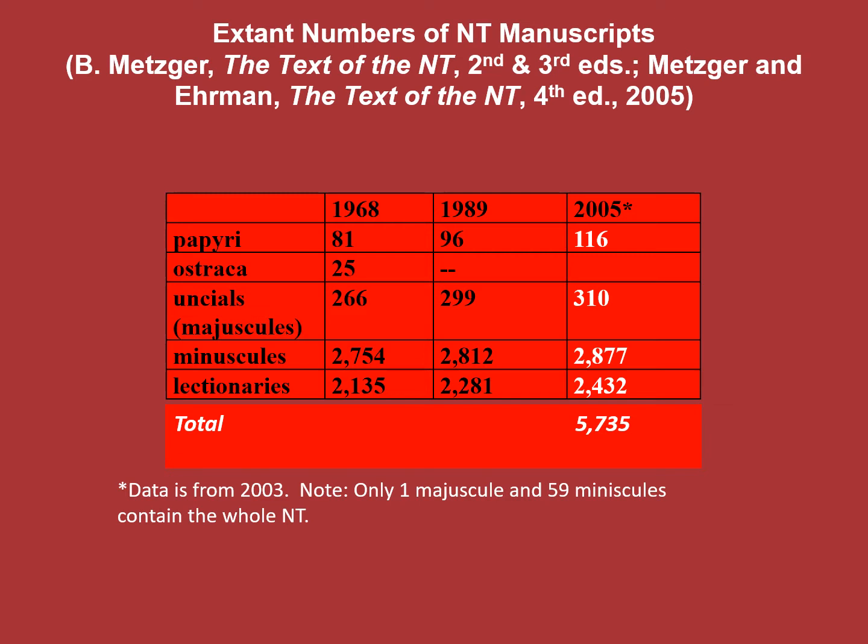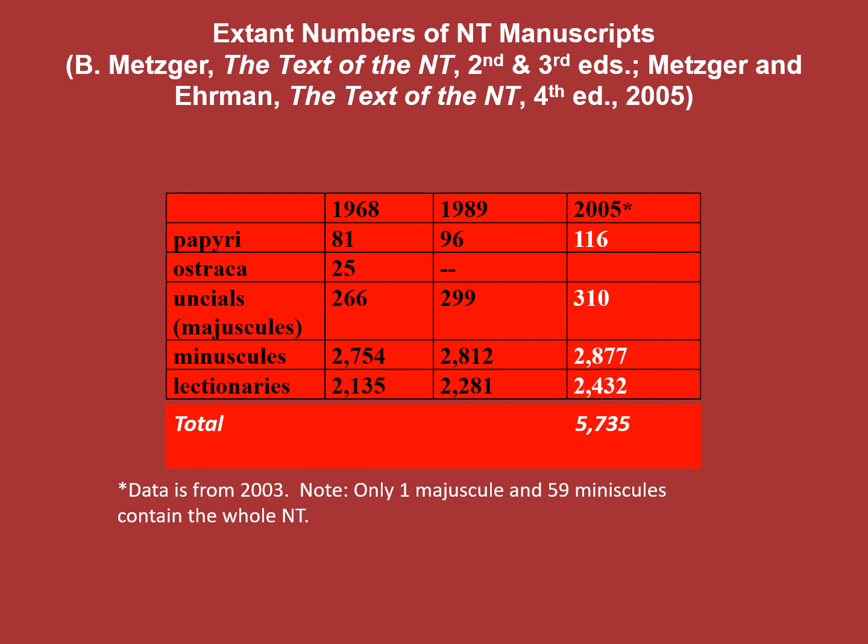So, for example, in 1968, we knew of 81 papyri with New Testament passages or books on it. And in 1989, that number moved up to 96. And then in the 2003 evidence cited in the 2005 edition of the Text of the New Testament, we were up to 116.